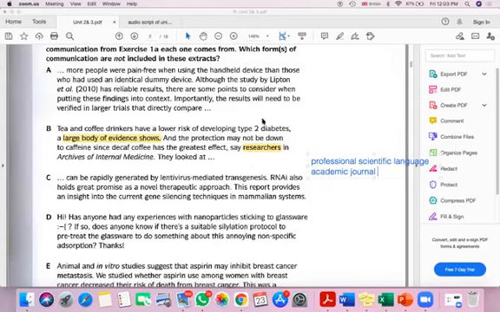All right, here we have provides insight into. You see this expression? To provide insight into means gives information about.